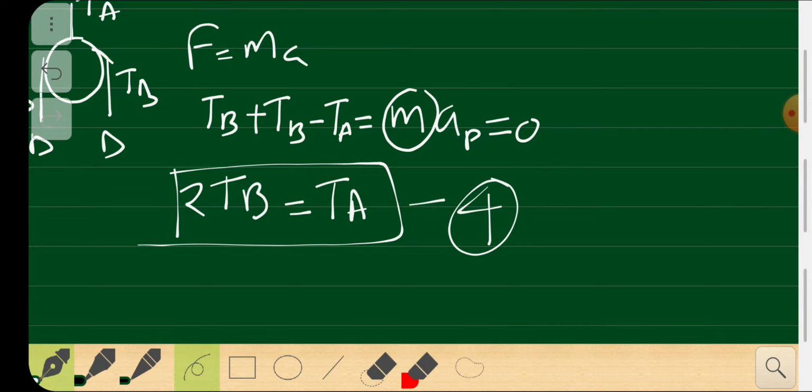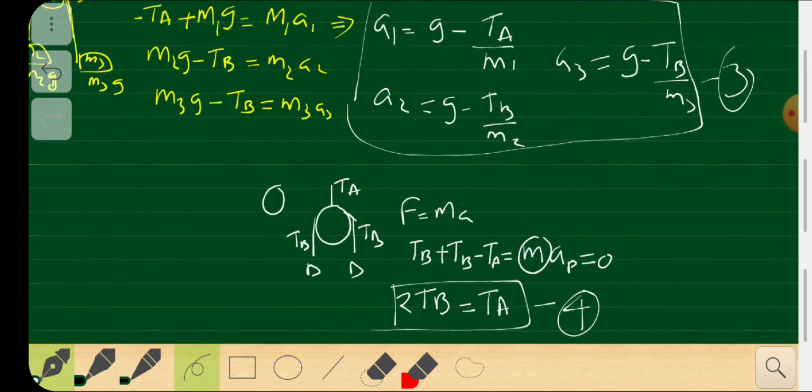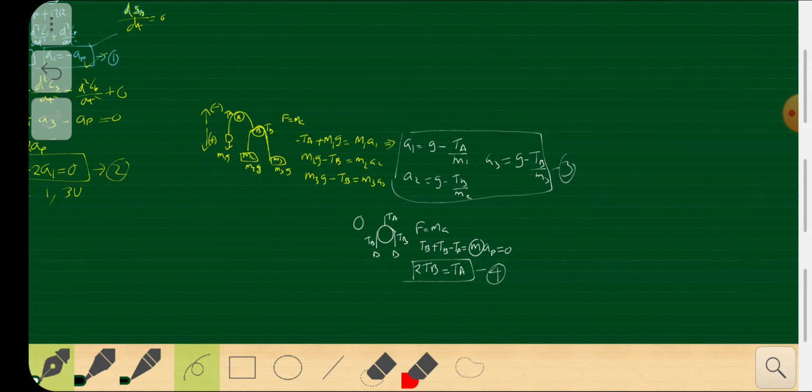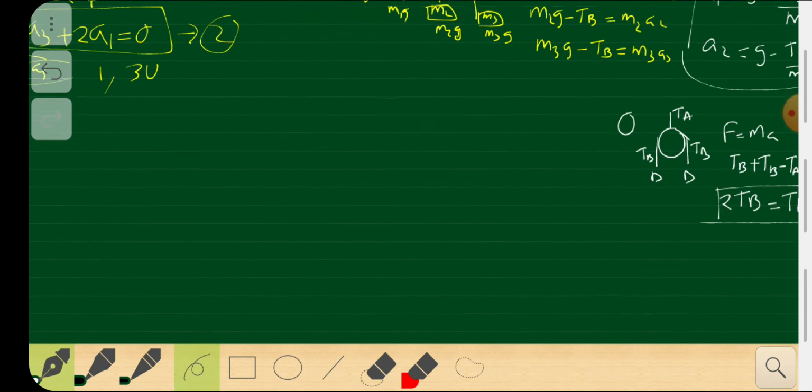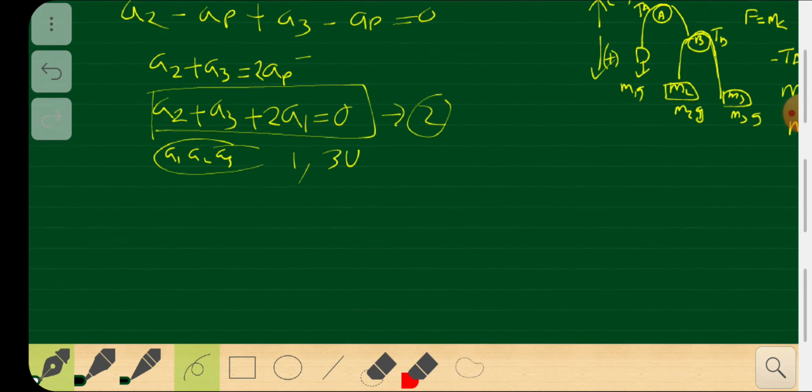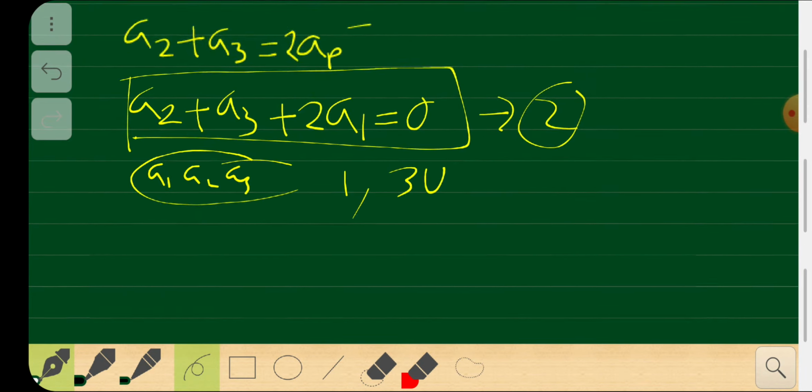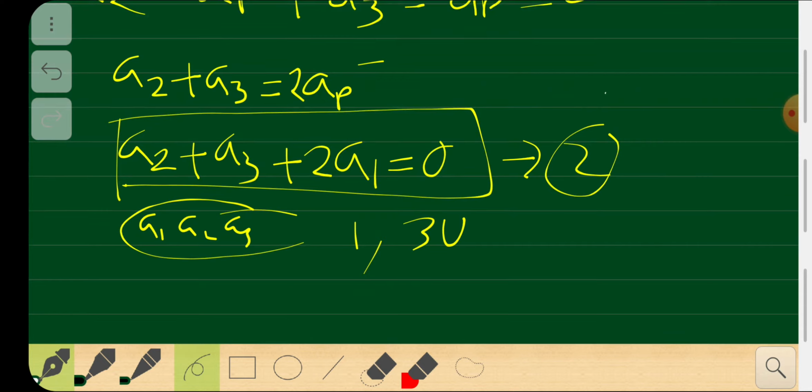Now I'm going to take back what we have done earlier, our earlier venture into the time rate of change of string length. This was equation 2: a2 plus a3 plus 2a1 is equal to 0.